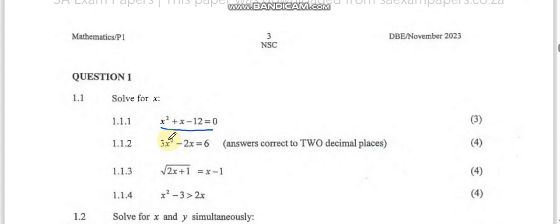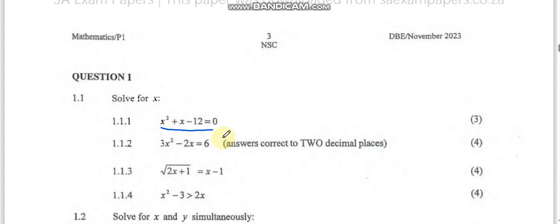It is straightforward. But if maybe you had 1 on this side, you wouldn't just factorize. You first needed to take this 1 to the other side, and then you would be able to factorize. So basically, you always need to have a zero on one side so that you can factorize the trinomial.